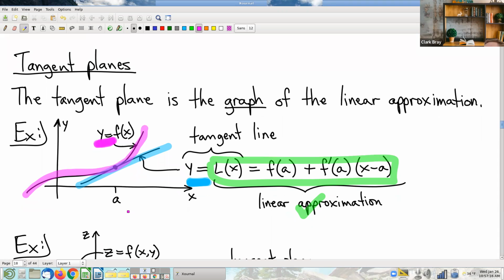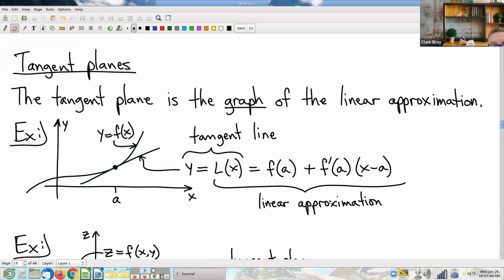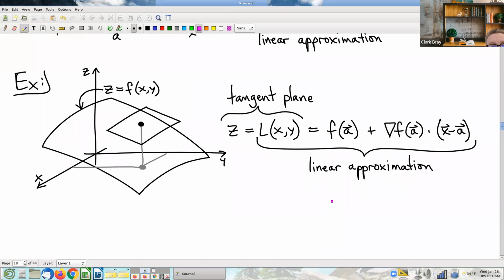Point being, if L is approximating F, then the graph of L and the graph of F should relate correspondingly. Now again, I like to do this kind of backwards from the way a lot of single variable calculus classes will draw the tangent line first, and then use the equation of the tangent line to motivate the linear approximation. I think it holds better water if you start with the linear approximation and then describe its graph as a tangent line. Okay, so that also sets us up very nicely for the multivariable version.